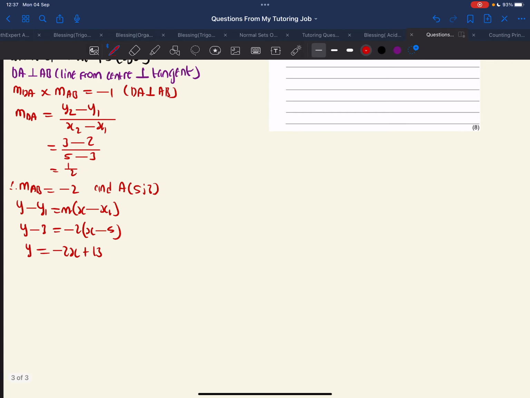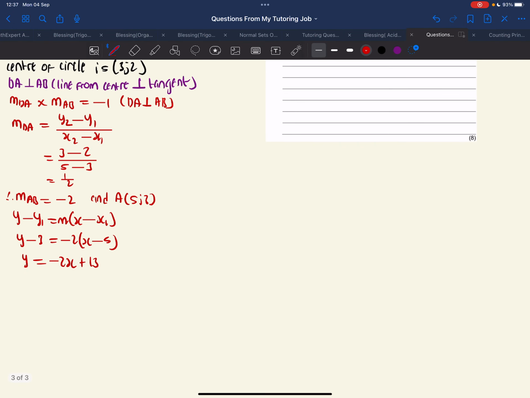Then now I'm going to tell you, using a different color, B is the x-intercept of line AB. So let y equal 0. So I'm going to say 0 equals minus 2x plus 13.